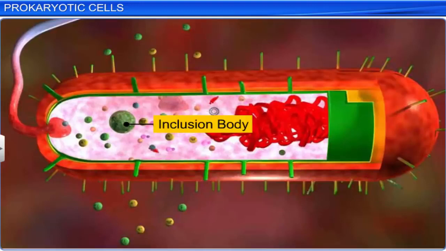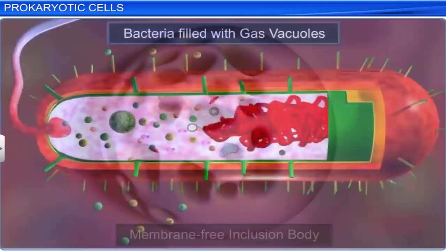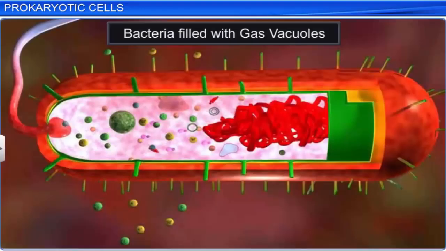These bodies are not bounded by any membrane system and lie free in the cytoplasm. Certain prokaryotes such as blue-green, purple, and green photosynthetic bacteria also have other inclusion bodies such as gas vacuoles, which help them to float in water.